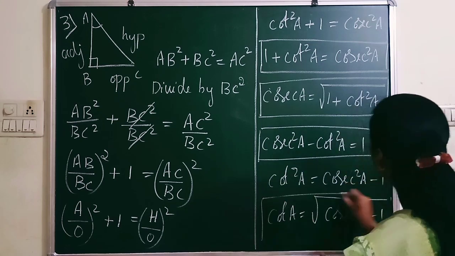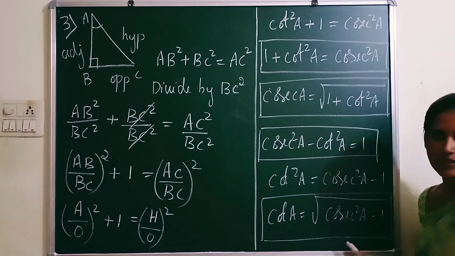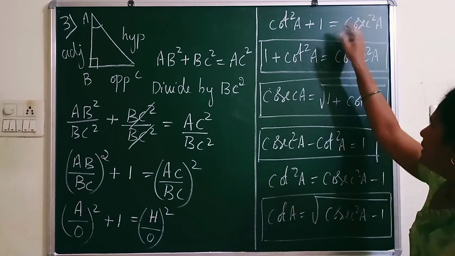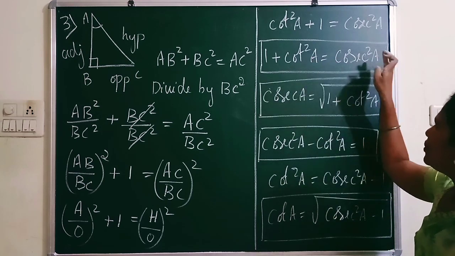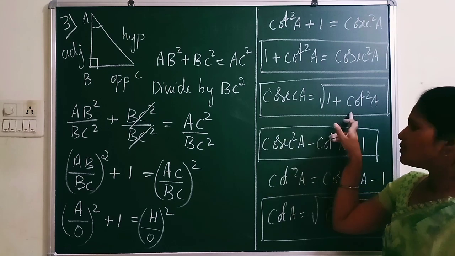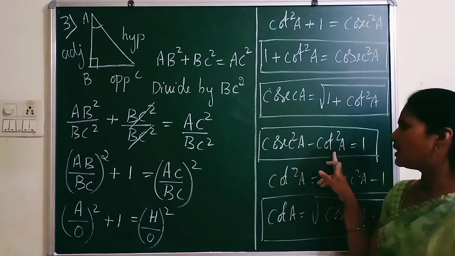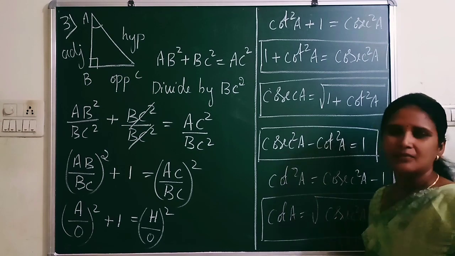So this is another form, cot in terms of cosec. With this third identity, the main identity you have to remember is 1 plus cot square A equals cosecant square A. Another form is cosec in terms of cot, then cosecant square minus cot square equals 1, and this is cot in terms of cosec.